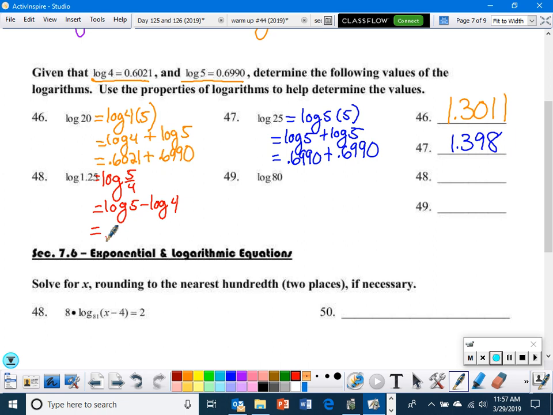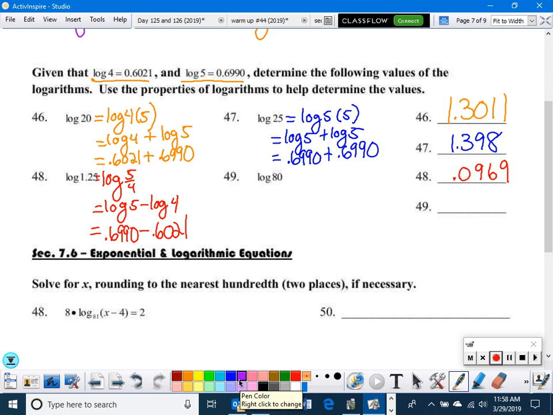And then I replace, so I've then got 0.6990 minus 0.6021. And there we get the decimal, 0.0969.